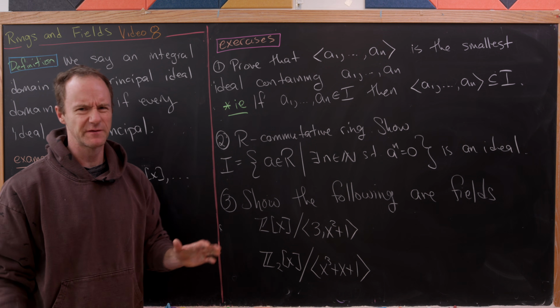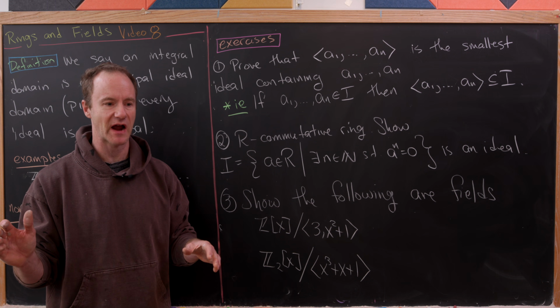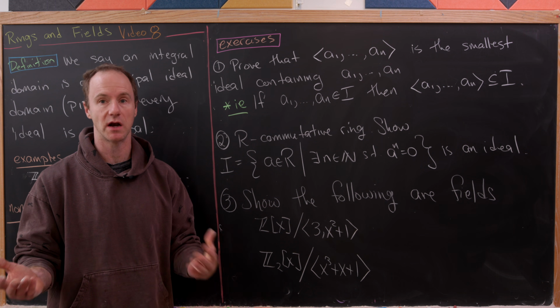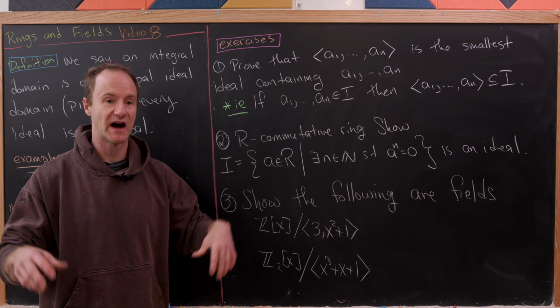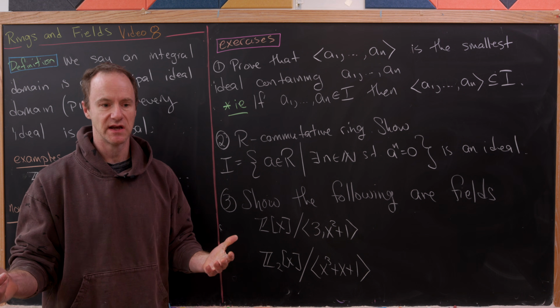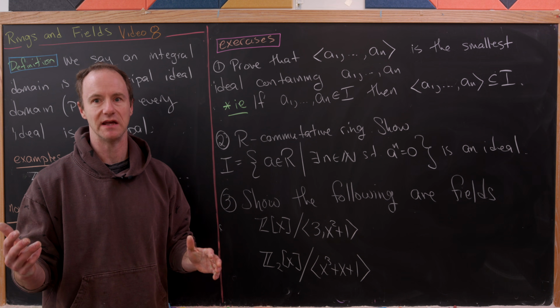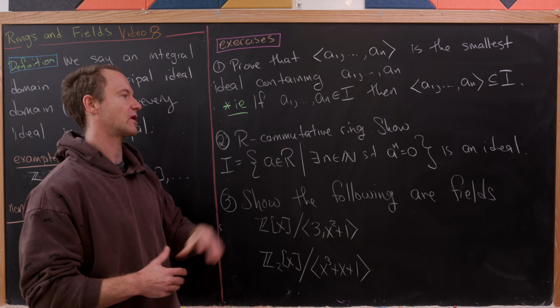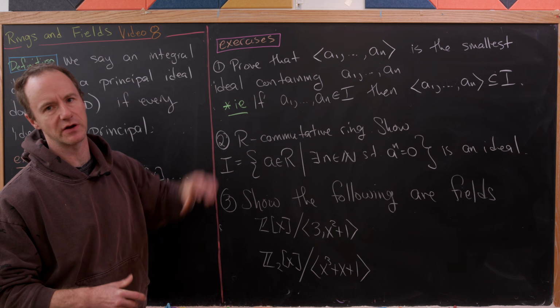But now let's observe that this gives us some idea for how we should define the ideal generated by a1 up to an in a non-commutative ring. We would define it as the smallest ideal containing those things, and then just see what that meant in our non-commutative ring. All right, so next up, let's say that we're within a commutative ring, which I guess we were up here as well.